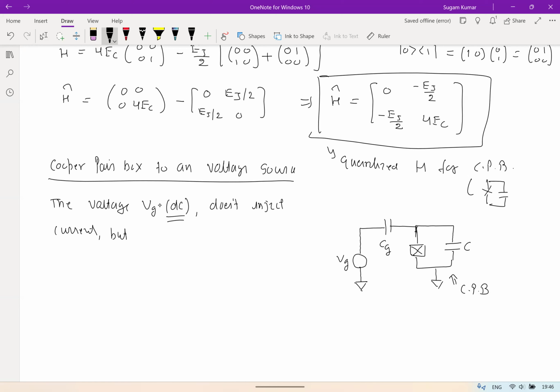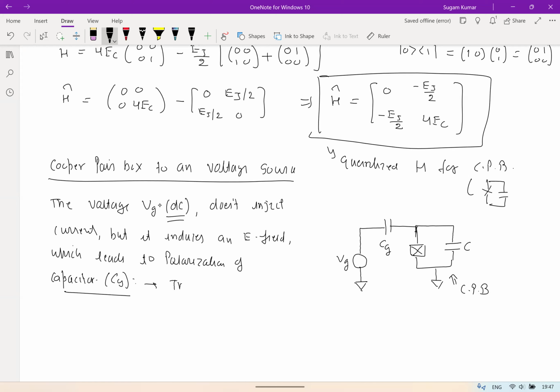But it induces an electric field which leads to polarization of a capacitor, that is the CG.